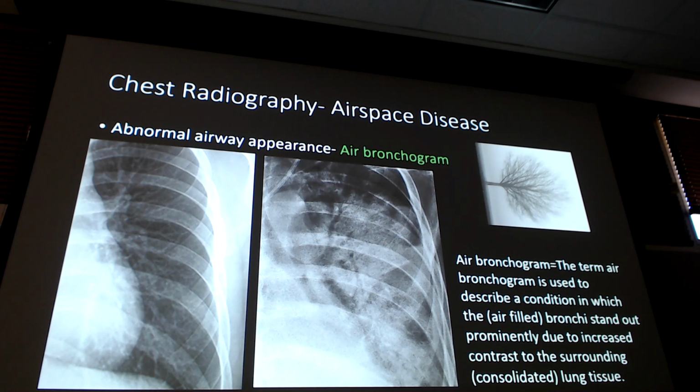That's why I did that, so you can actually see it. So again, this isn't a problem with the bronchioles. This is a consolidation or fluid buildup behind it. It almost puts like a background, so it pops a little bit more, and you can end up seeing where the airways are going. This is a sign of airspace disease.